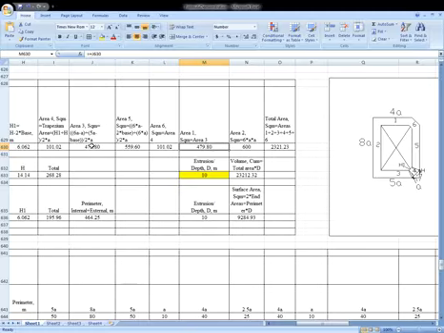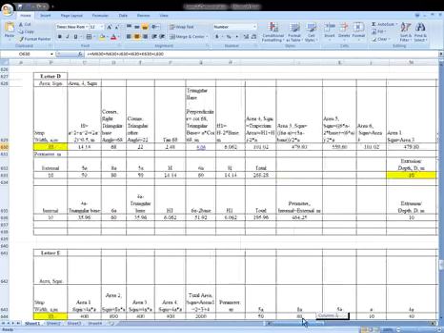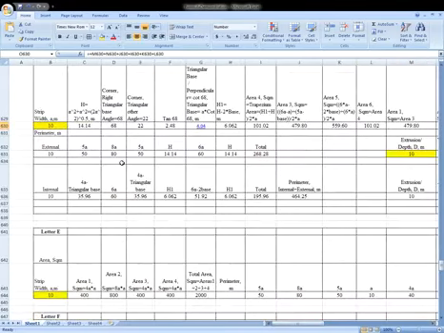Then area 2 is here. And total area, all the 1, 2, 3, 4, 5, 6, we get this answer. You have to go into the depth of this, only then you can find this.